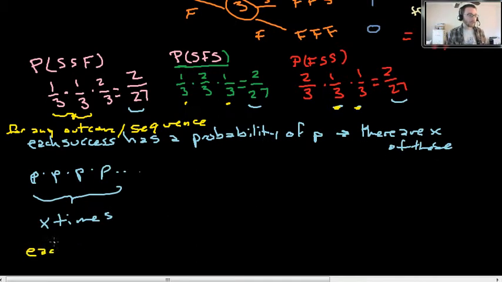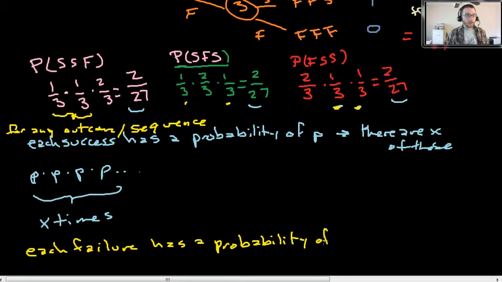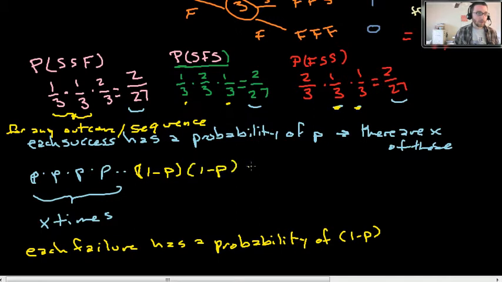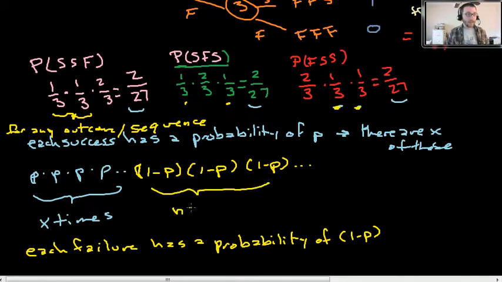Well, each failure, we talked about this a little bit earlier, has a probability of 1 minus P. And so once we get done with our multiplying by P's, and it may come out of order, but by the commutative property of multiplication, it doesn't matter what order they're in, we need to multiply by 1 minus P times 1 minus P times 1 minus P dot dot dot. And then this is going to be the rest of the times, n minus x different times.